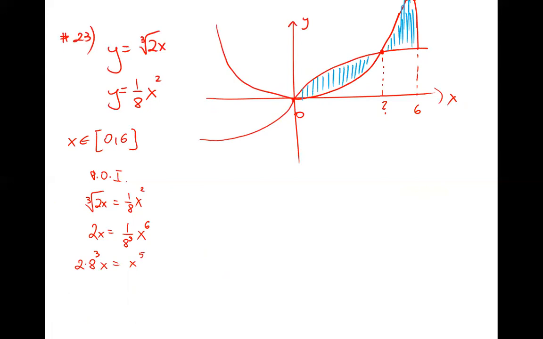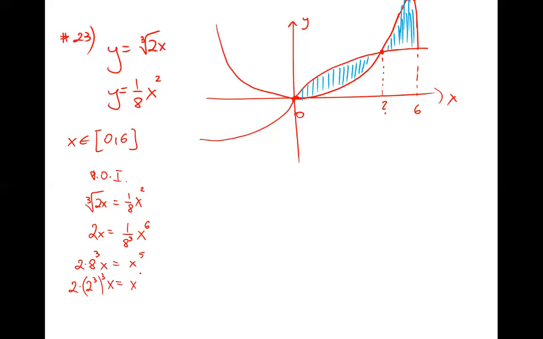But what we can do, we can try to figure out, because 8 is 2 cubed and another cube, and I can divide by x, which actually is not really dividing by x. X equals 0 is a point of the intersection, and we can definitely see this.